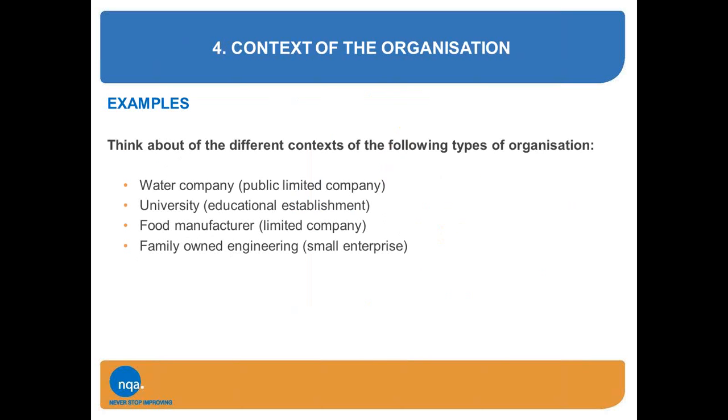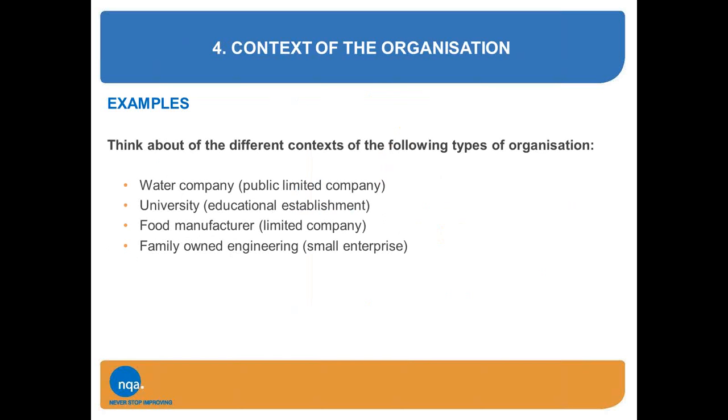So the context of the organisation, if we compare some different examples here, a water company, maybe a public limited company, the context for that will be different to a university potentially, with educational establishments and educational requirements and different interested parties as they go, a food manufacturer, a family-owned engineering business.